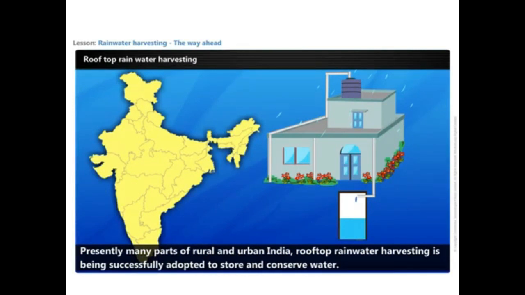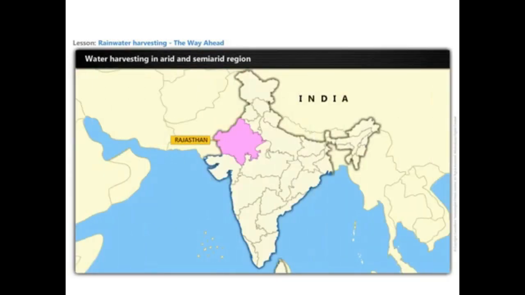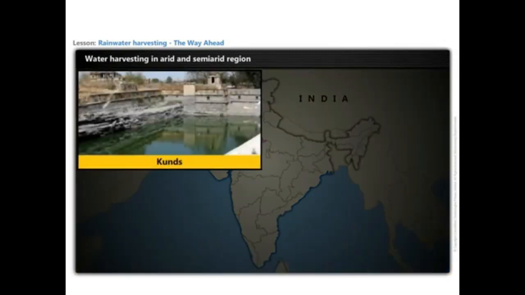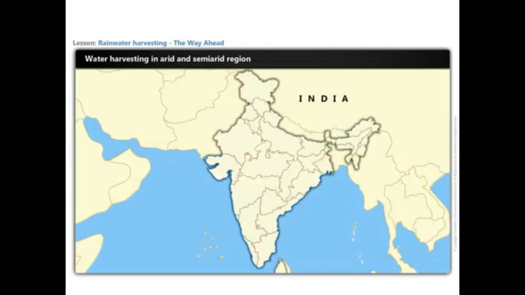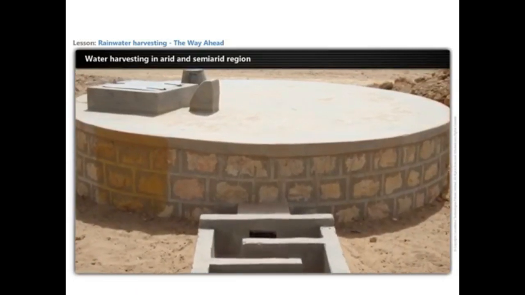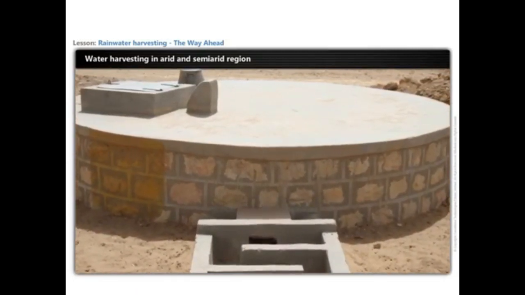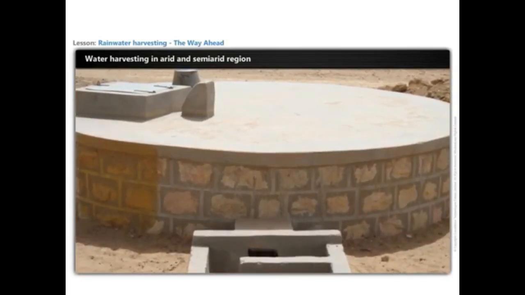The semi-arid and arid regions of Rajasthan had evolved an ingenious system of rainwater harvesting known as kunds or kundis or tankas. Almost all the houses in the region such as Bikaner, Phalodi and Barmer traditionally had these tankas. These are underground storage for drinking water, as large as big rooms, which were a part of a well-developed rooftop rainwater harvesting system.